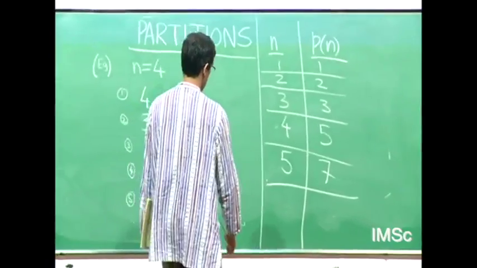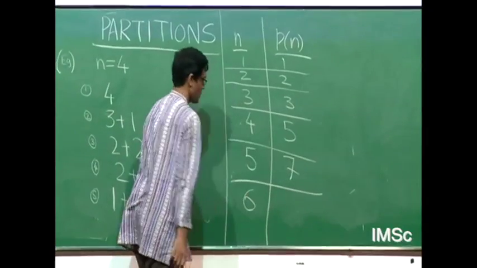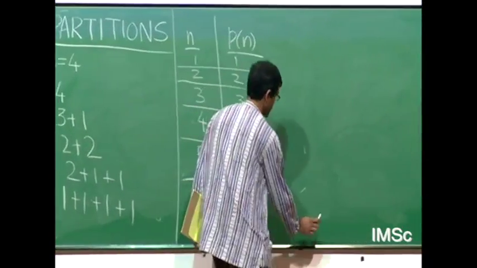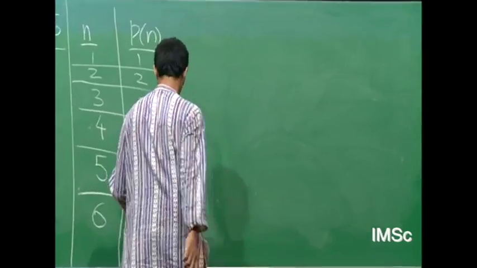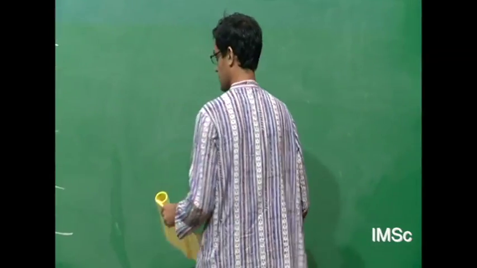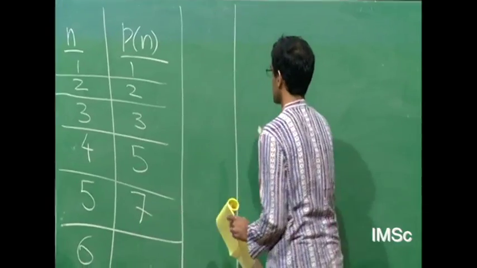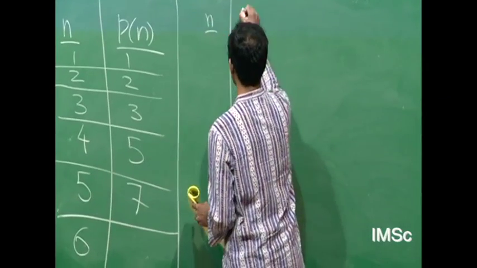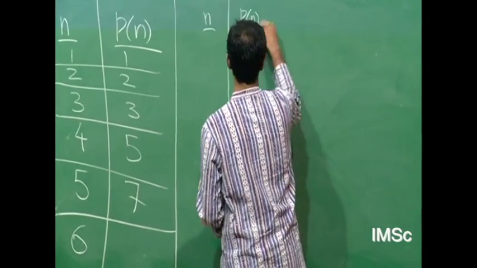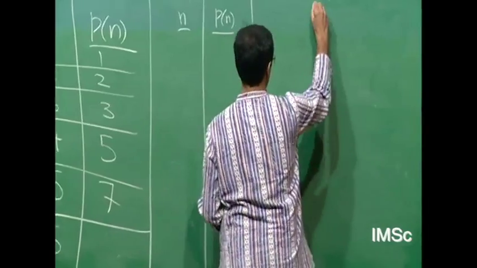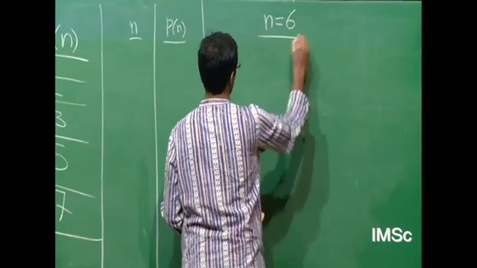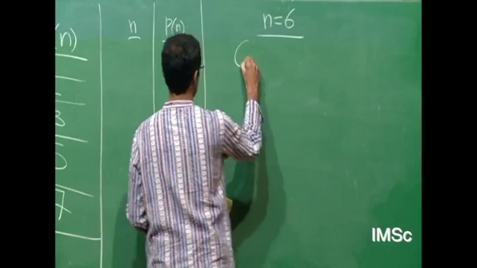Okay, so let's do one more. This time I'll write all the partitions out. I'm going to find P of 6. I probably need some more space. Let me just write all the partitions of 6 out. 6.